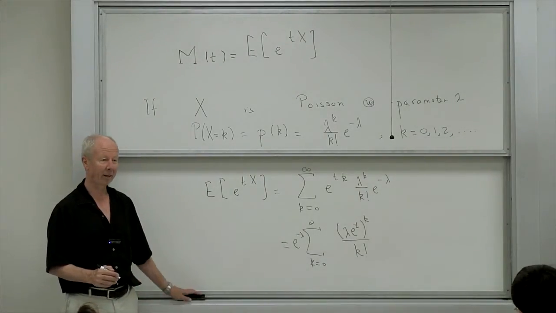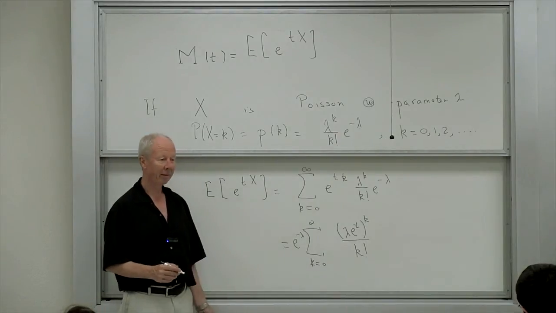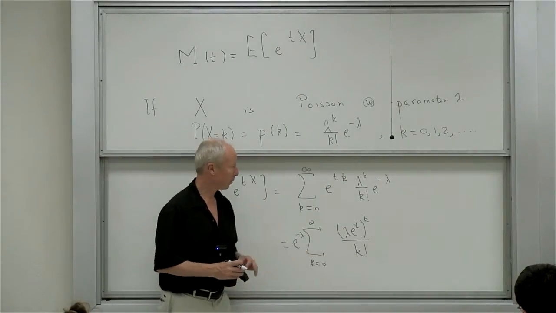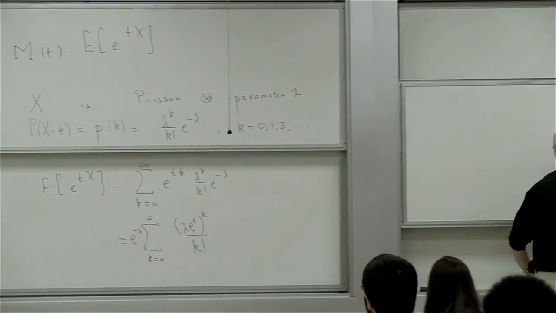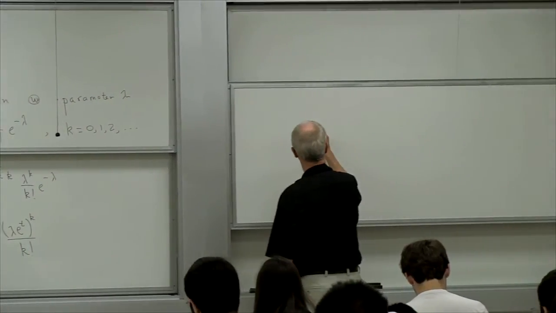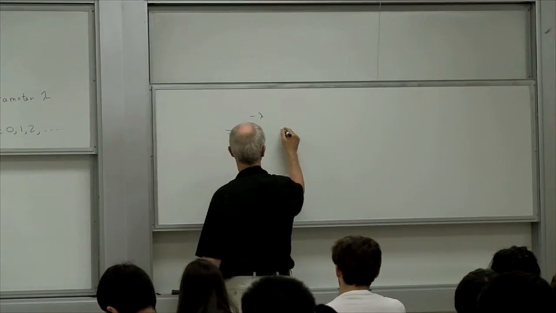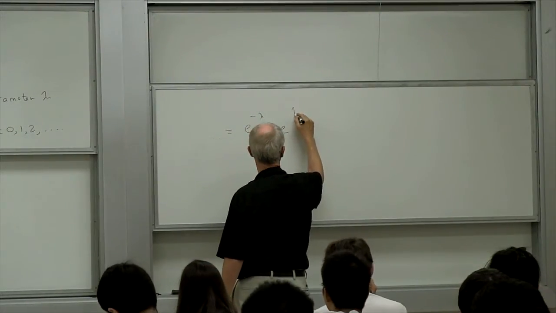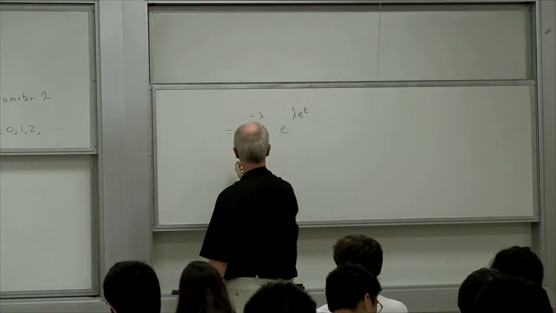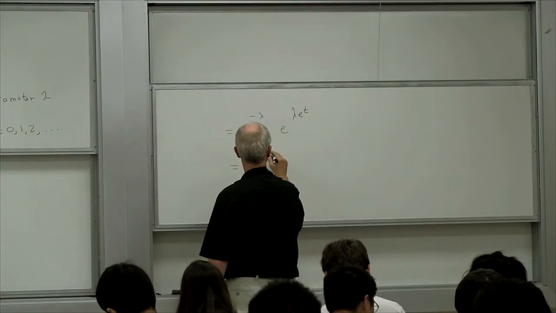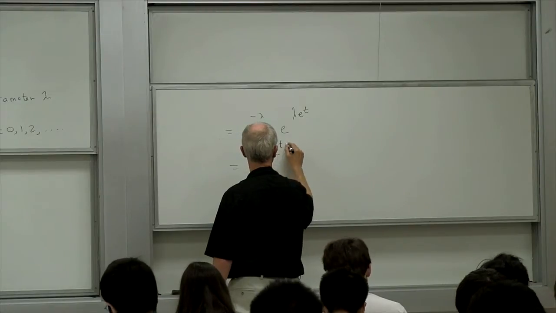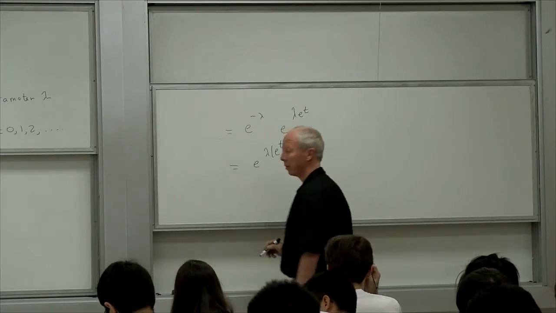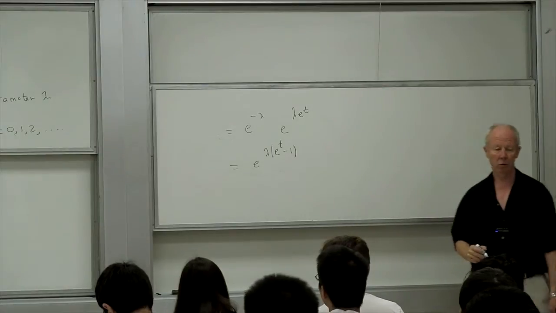You recognize it, and what is that sum? E to this. And we can combine these and write it as e to the lambda times e to the t minus 1. So there's the moment generating function for Poisson.